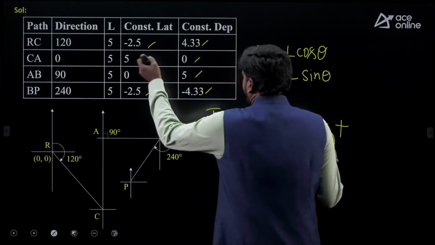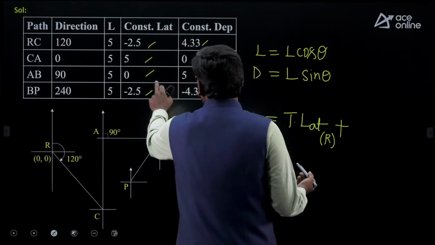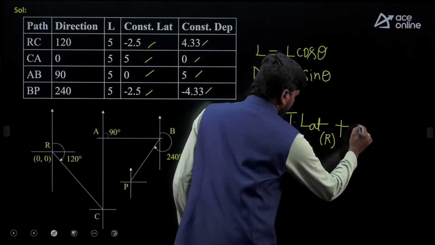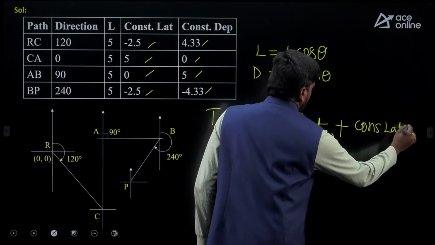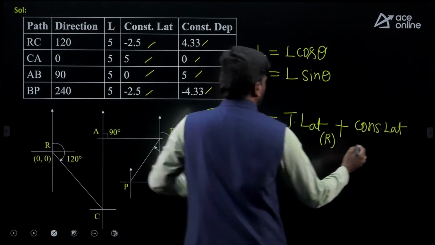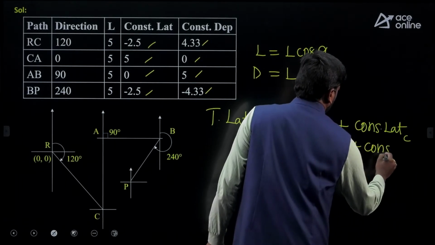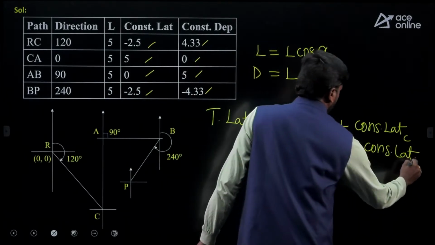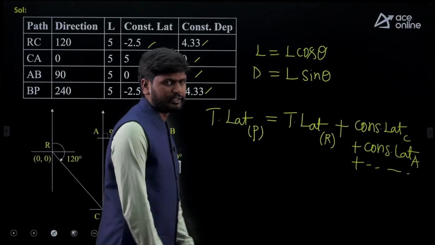Nothing but consecutive latitude of C, consecutive latitude of A, consecutive latitude of B and P, right? So I am writing like this: consecutive latitude of C plus consecutive latitude of A plus and so on, right?